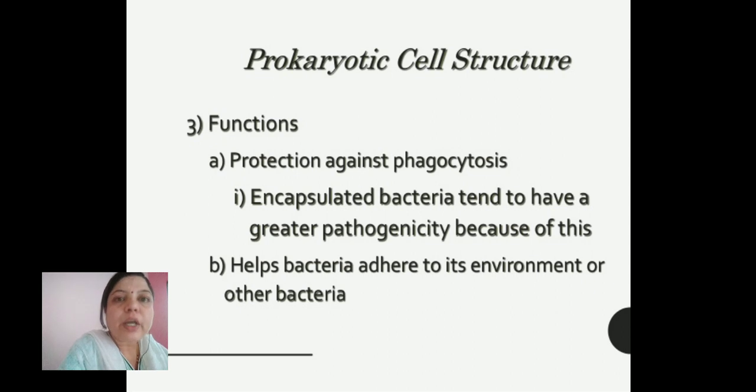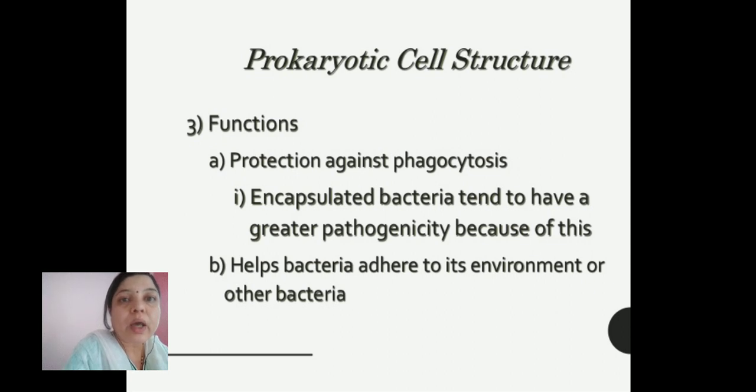But these carbohydrate-containing slimy layers or capsules help the bacterial cell as a protection against the process of phagocytosis. Encapsulated bacteria tend to have a greater pathogenicity because of this.